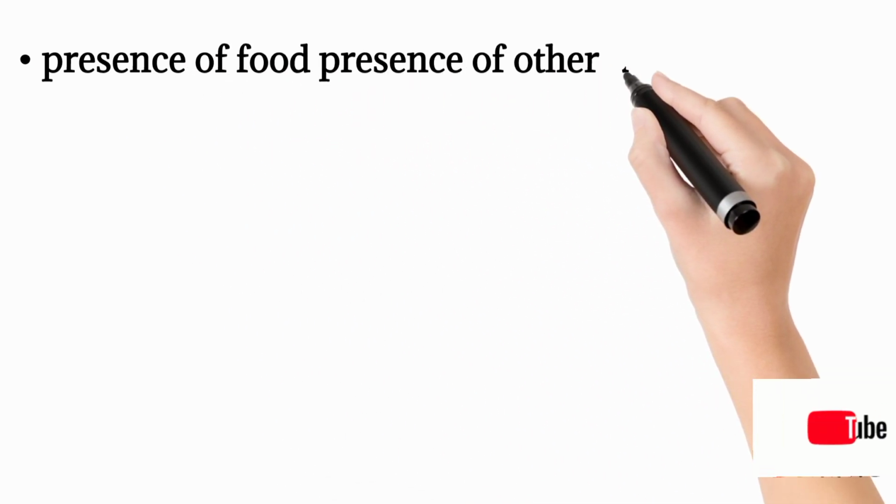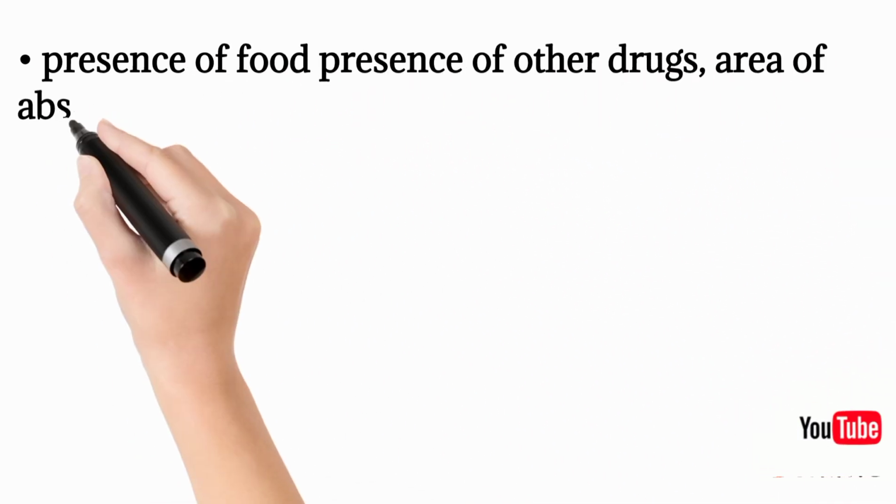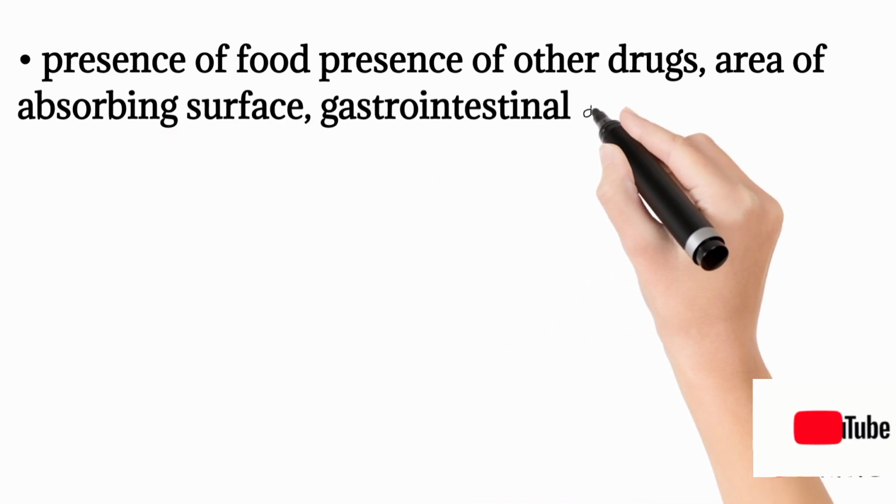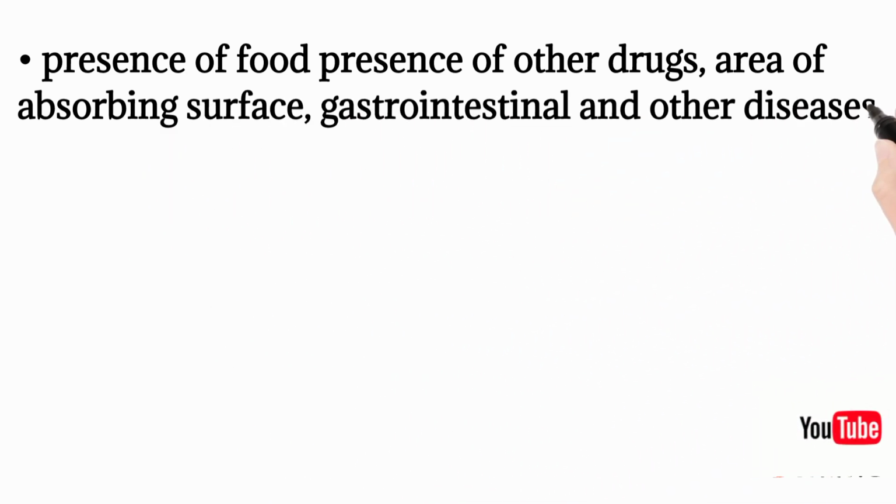Concomitant availability of other drugs can interfere and prevent the absorption of certain other drugs. And remember, absorption surface area also determines the absorption. And if there is gastrointestinal disease, infections and diarrhea, for example, in those cases your absorption of the drug will decrease, and hence bioavailability will also decrease.